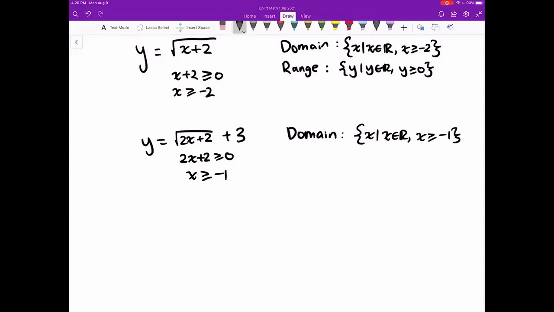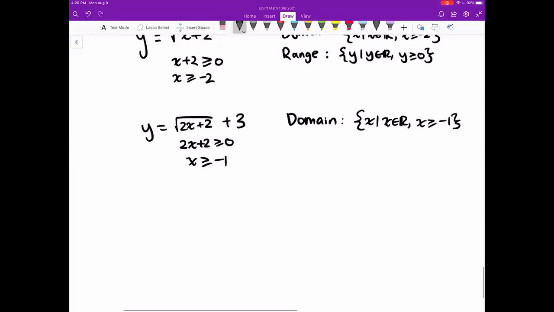And for the range, it's, how do I describe this? It's shifted up by 3. So instead of having y is greater than or equal to 0, what we have is y is greater than or equal to 3. You can also see this function as two components. The first component is the radical, and the second component is the number 3.